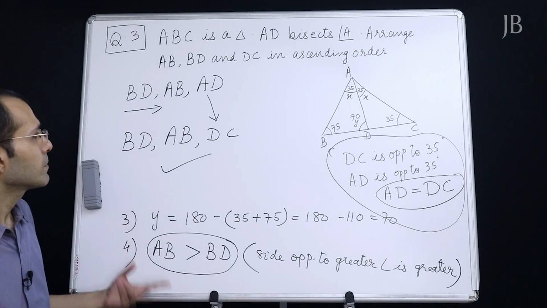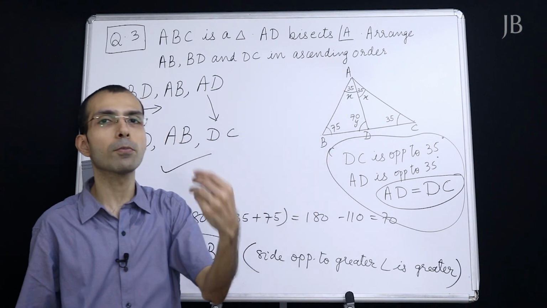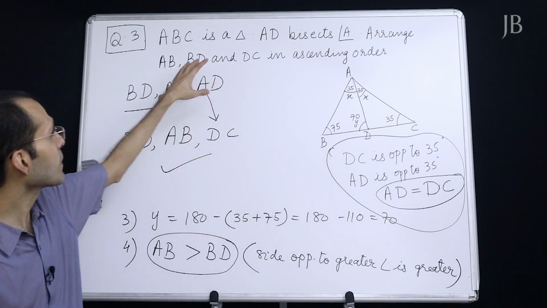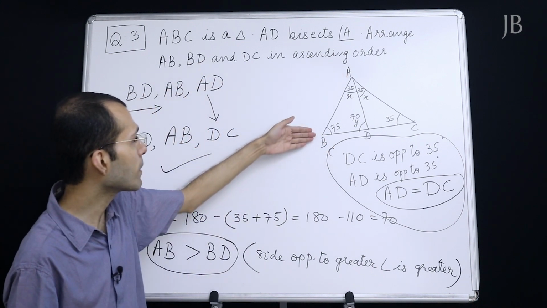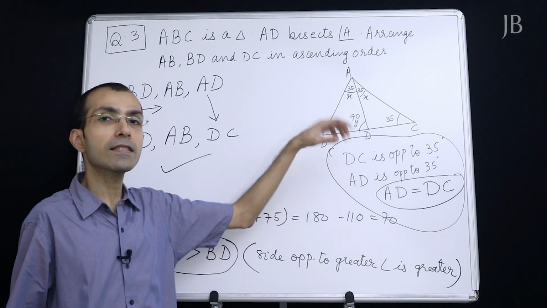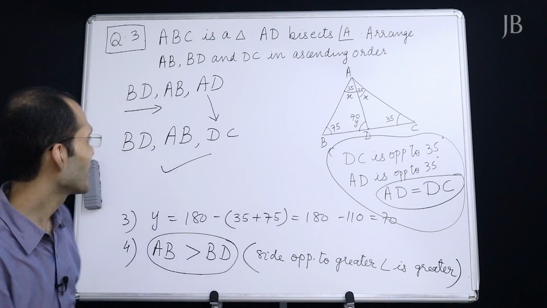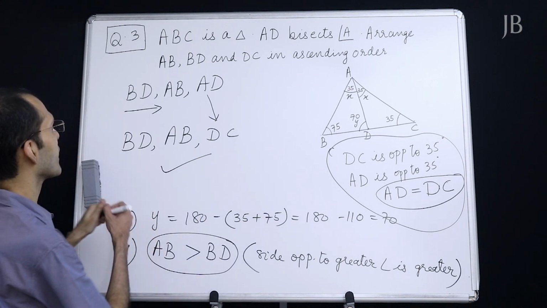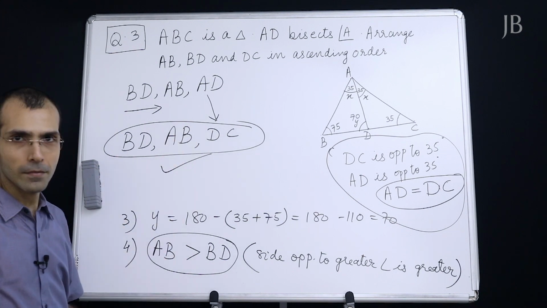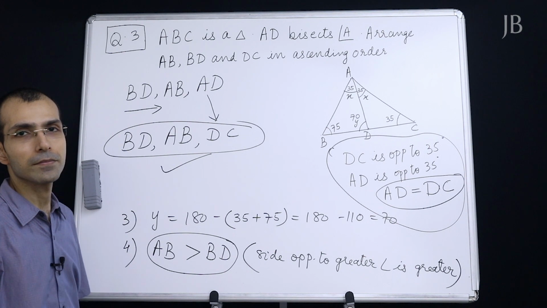Comfortable with this sum? Had they asked you compare AB, BD, DA, no problem, because they all belong to the same triangle. Here what smartly they did, they gave you compare AB, BD, and the third segment what they gave you was of the second triangle. So this is your final answer now, ascending order. Comfortable with this? So this completes with your question 3.